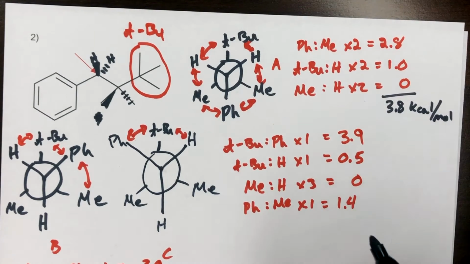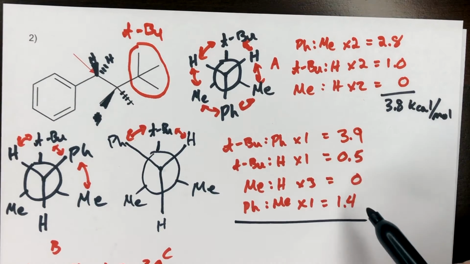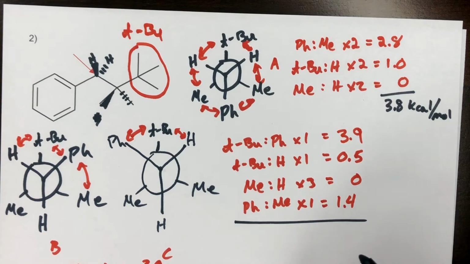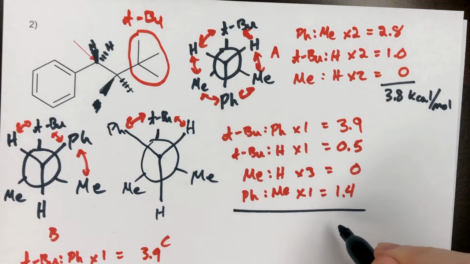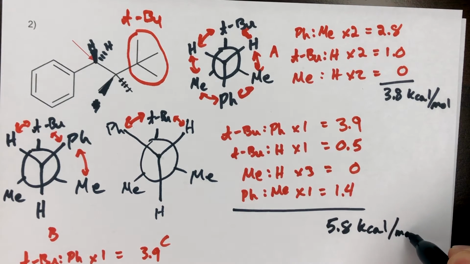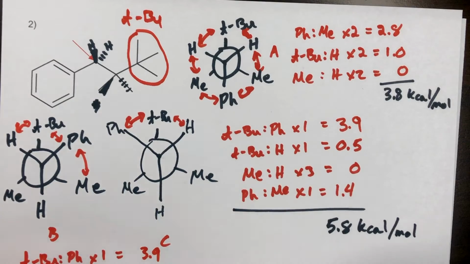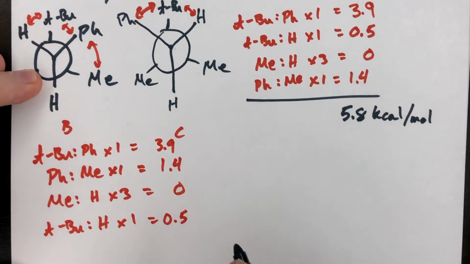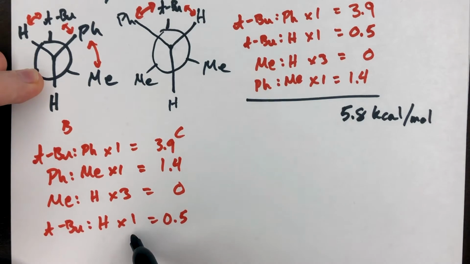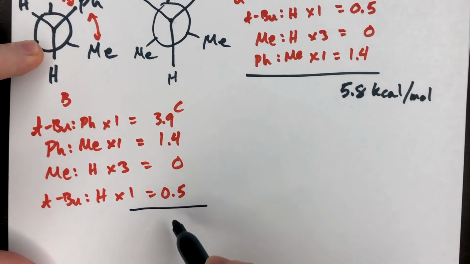Okay. And this one, this is 1.9 plus 3.9 is 5.8. Okay, and then this one should be the same. And it's 1.9 again, plus 3.9 is 5.8.